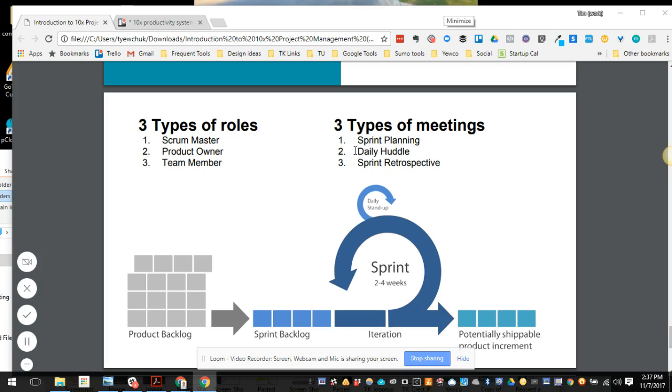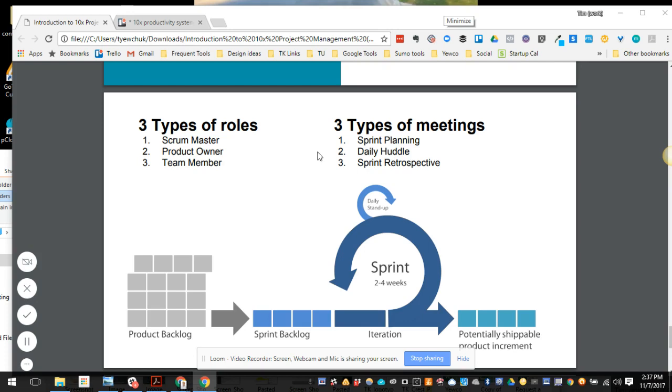And then I know for a lot of people, certainly for us when we started out, the daily huddle seems like it's just meeting overkill, but it actually makes for far less meetings. And it's funny because when you get into the rhythm and everything's transparent, everybody knows who's doing what.